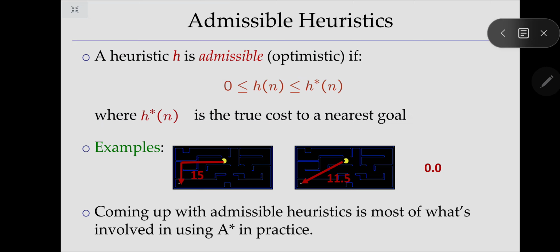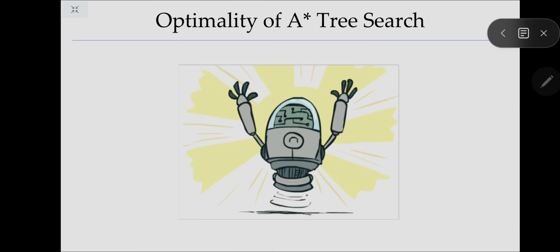This is the meaning of admissible heuristic. Do you have any question about admissibility? No problem? No question? I continue. When you have a question, please ask me at that point.